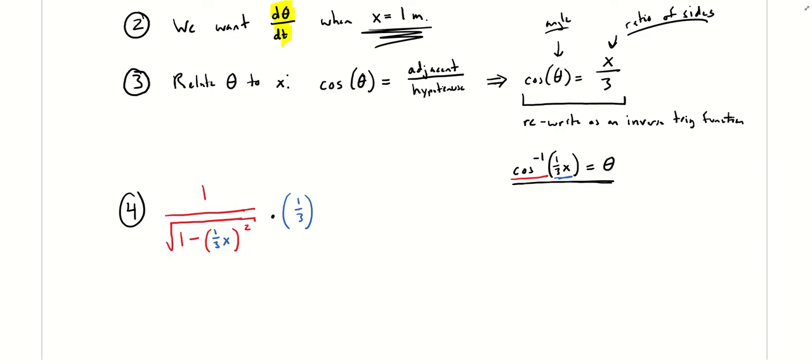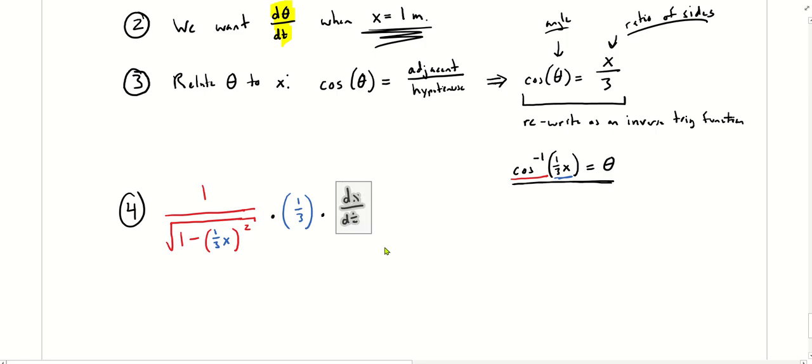Now, remembering what we're doing here, we are implicitly differentiating with respect to time. So I'm not quite done yet. I've used the chain rule. Now, I have to use the implicit differentiation chain rule, which tells me that I need to multiply this by the derivative of x with respect to t. Again, I'm differentiating with respect to time here. So every time I differentiate something, in this case something involving x, that's not a t, I have to take the derivative with respect to t.